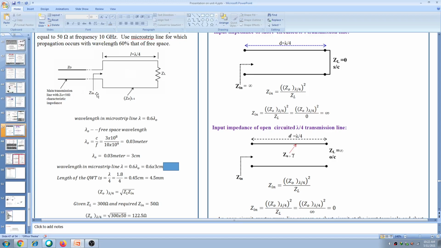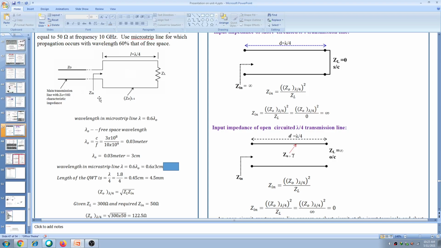ZIN equal to 50 ohm, and it will become 50 ohm only at 10 gigahertz, not at 1 gigahertz or 100 gigahertz, because we designed this length by taking a frequency. This length depends on the frequency. Only at that frequency its impedance becomes 50 ohm, but at other frequencies it deviates, so we do not get a match.